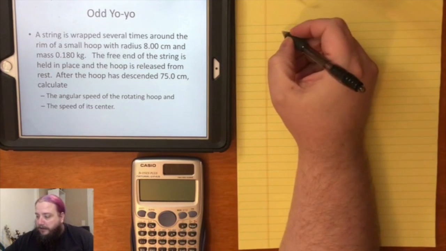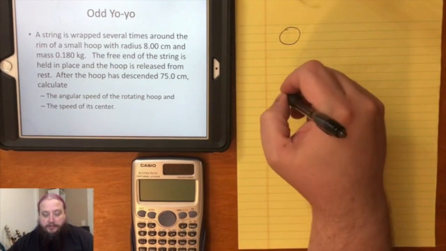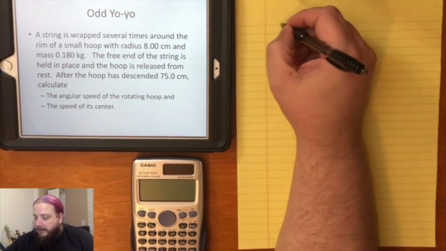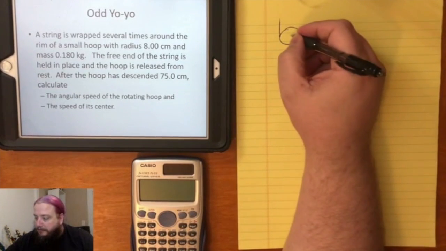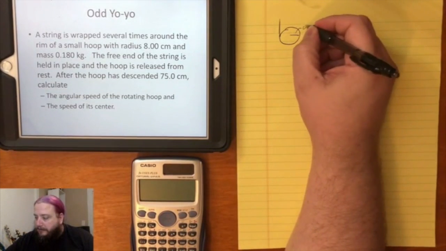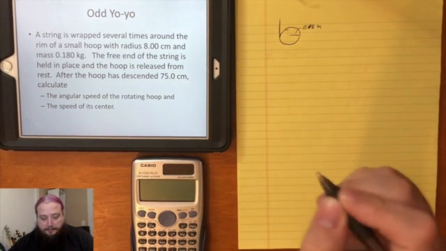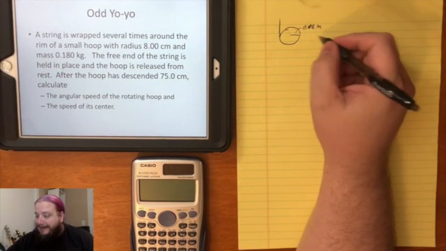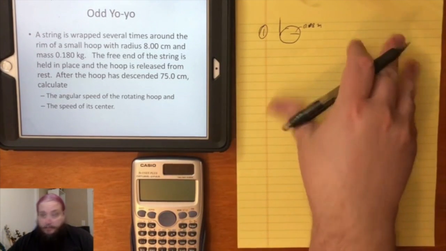So we could do our usual trick. We'll draw ourselves a picture. There's our hoop, and it's attached to a string which is wrapped around it several times. Our hoop has a radius of 0.08 meters and is released from rest. So at moment 1, it's not moving.